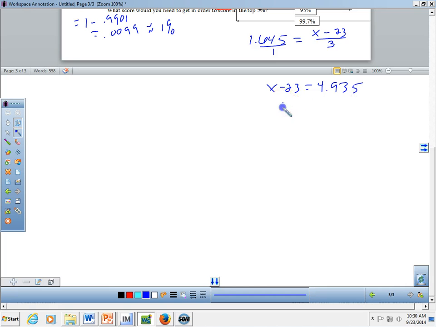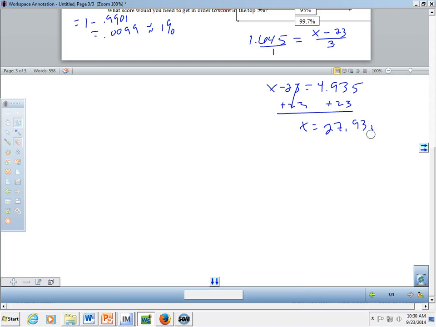And then we simply add 23, and so we get 27.935. So you would need to score basically a 28. Since you can't score a 27.935, you need to score about a 28 to be in the top 5%. And so that's how that works.